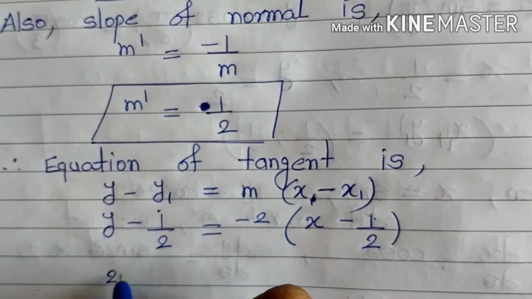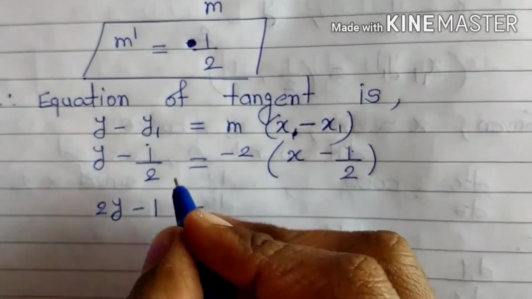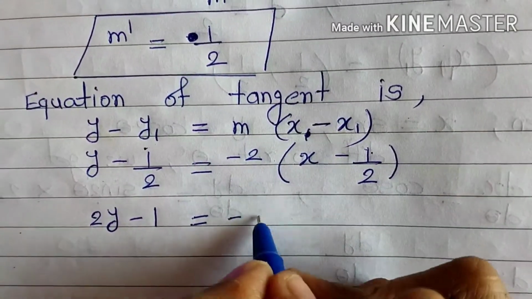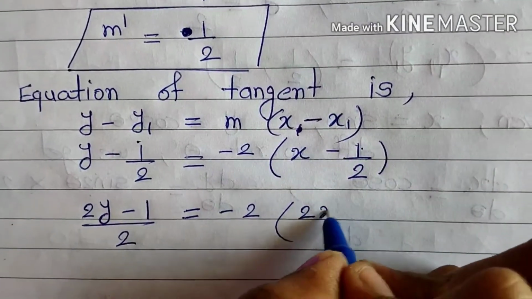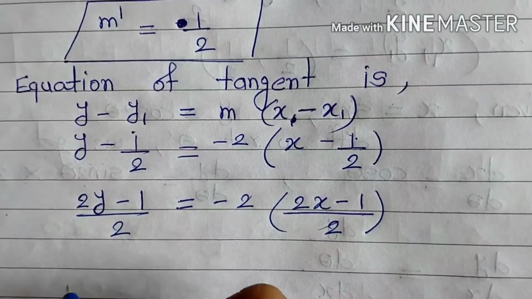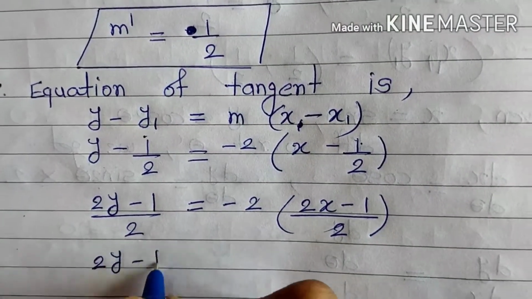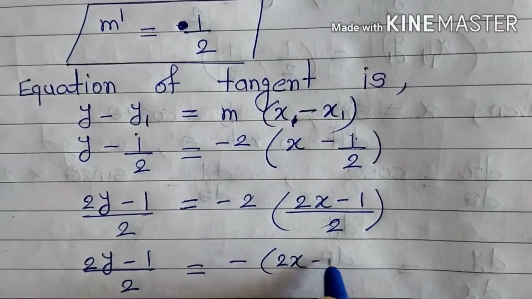Therefore 2y, cross multiply here, 2y minus 1 is equal to -2 times 2x minus 1 upon 2. This 2 gets cancelled, so only remaining 2y minus 1 upon 2 is equal to minus 2 times x minus 1.